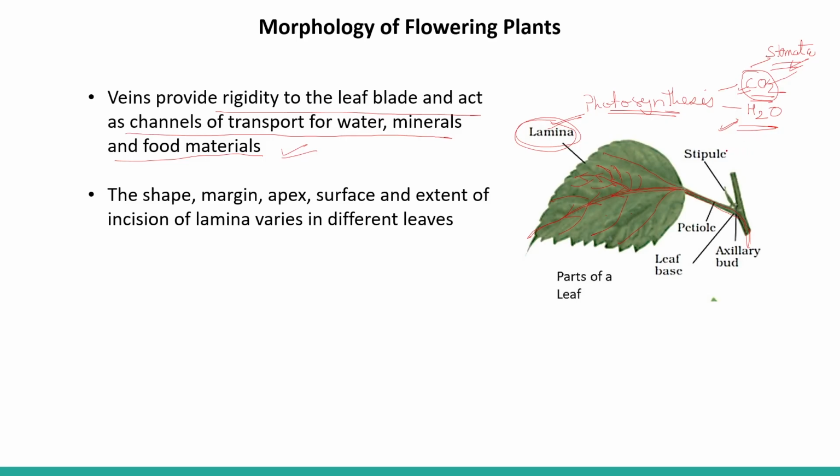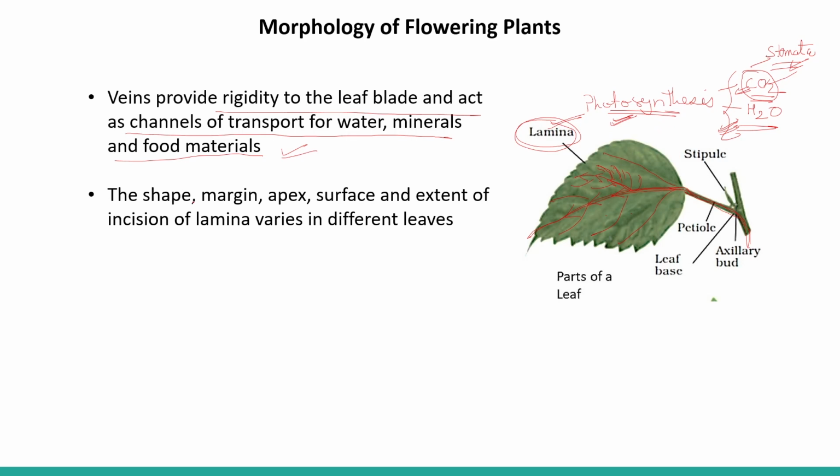From the roots, it makes its channel upward through the stem, moving to the petiole region of the leaf, then coming to the midrib, and from the midrib it is moving to the vein and to the veinlet. So it is reaching every part of the leaf. Now water is also available and carbon dioxide is also available. So with the help of these two raw materials, the lamina part of the leaf can do the process of photosynthesis.